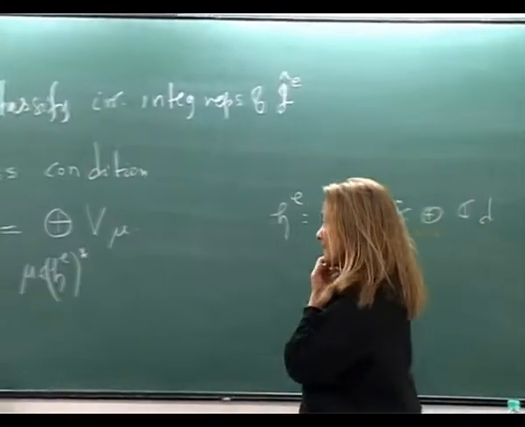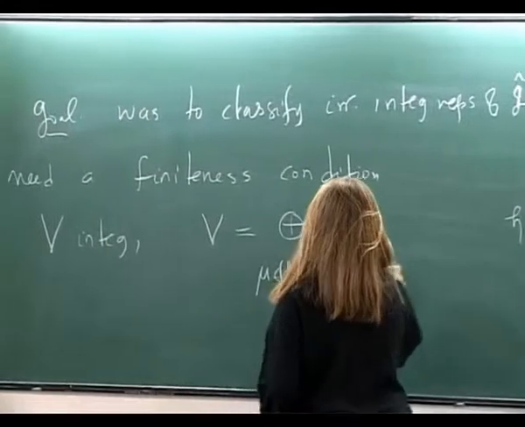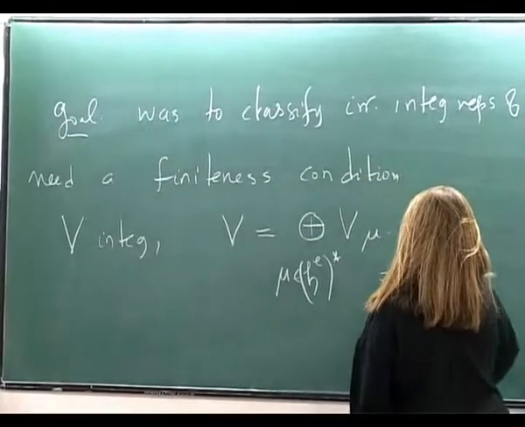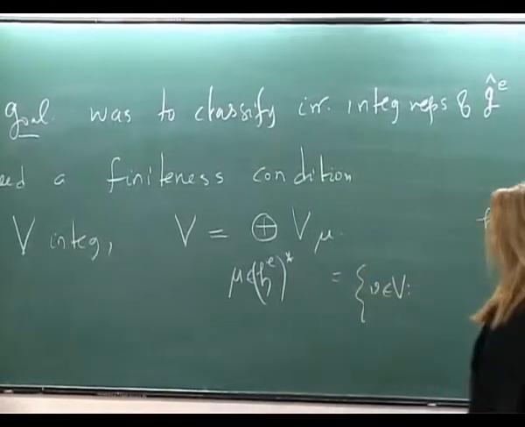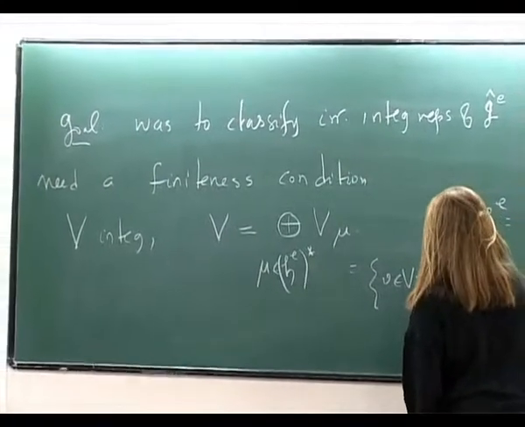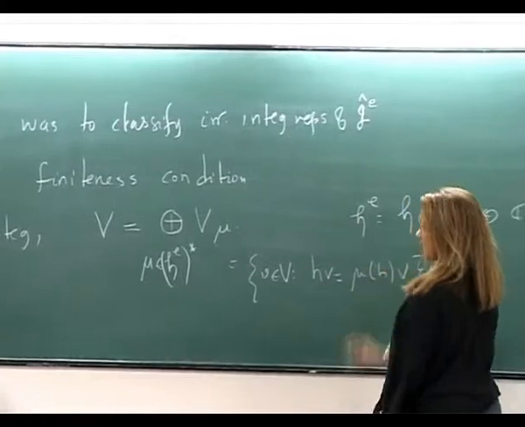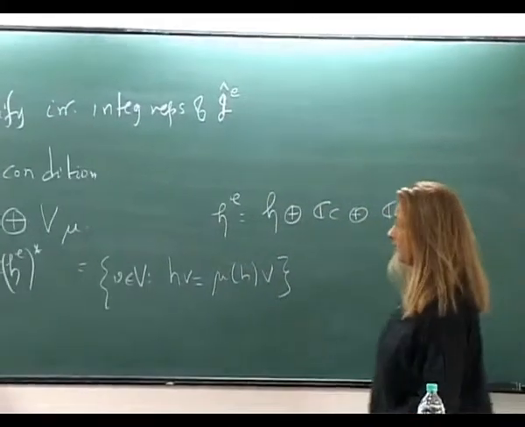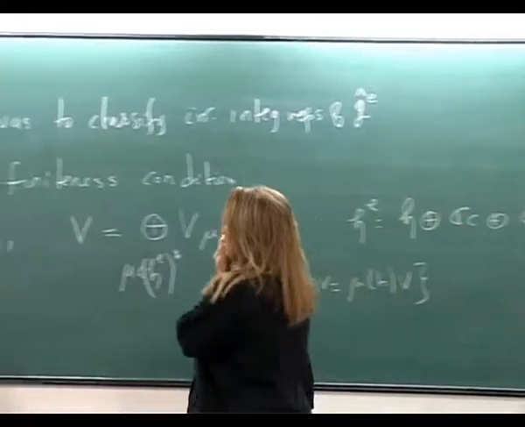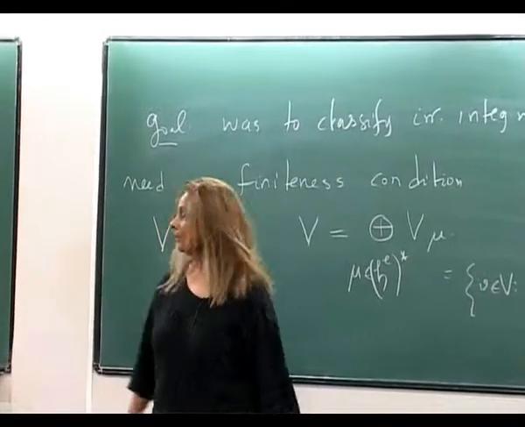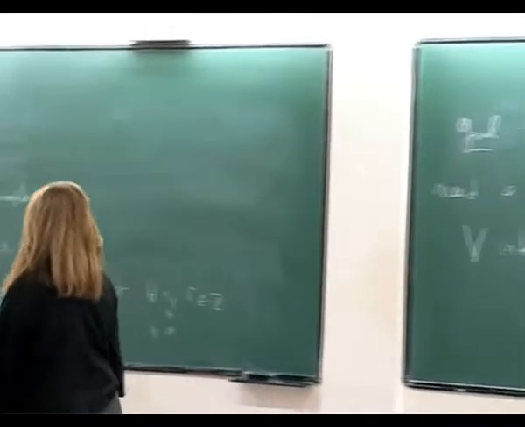Okay? And by V mu, what we mean is all those vectors v in V which transform according to mu. So it's a sum of eigenspaces for the action of H.